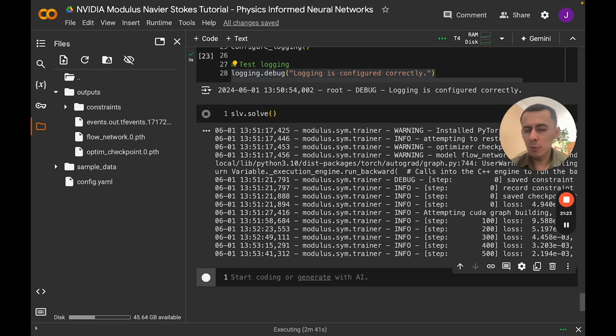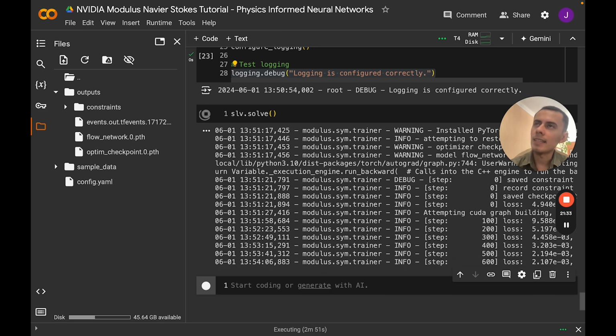I didn't find how to do that in the documentation of NVIDIA Modulus. I had to learn myself how to load a PTH file and get the weights set up there, and then load that into the neural network model that we have, which is a fully connected architecture.